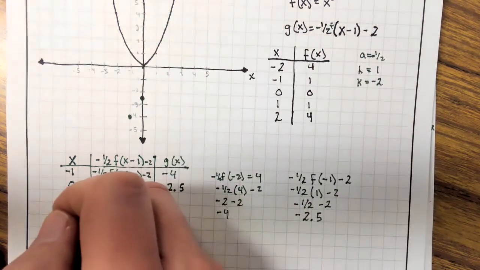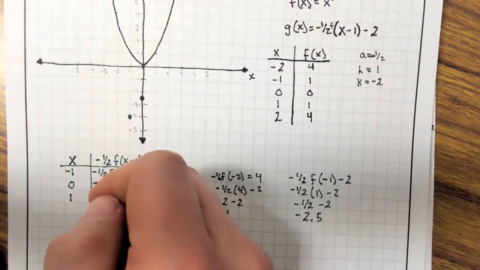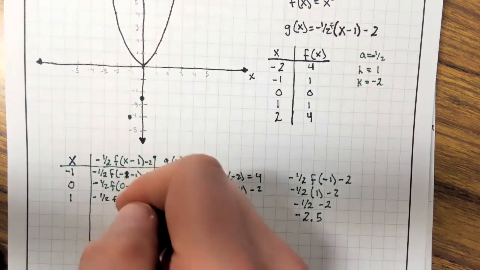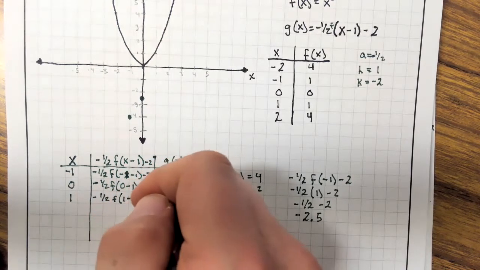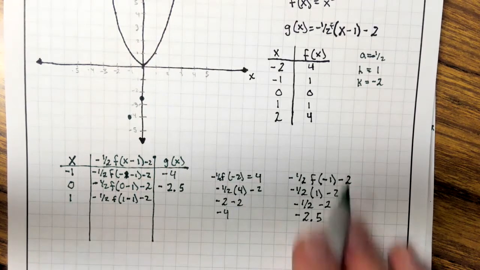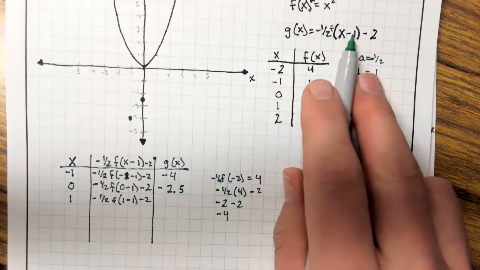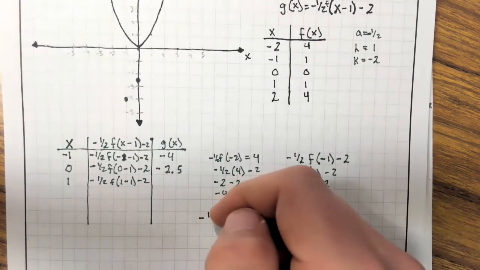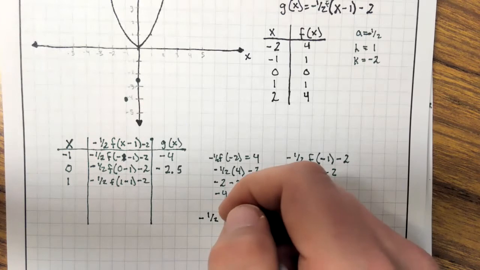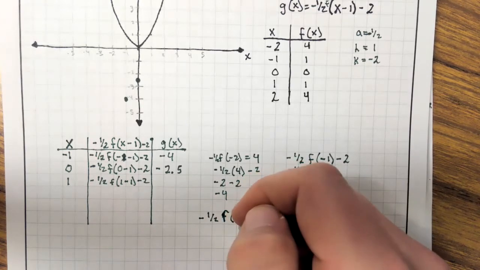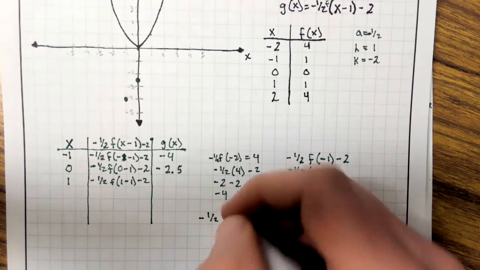All right, so we'll keep going. Plug in -1. I think I said -1, but I meant +1. So for this one, when I plug 1 into this function, replacing this with 1, let's see what happens. So I've got -1/2 times f of, well, 1 minus 1, that is 0.